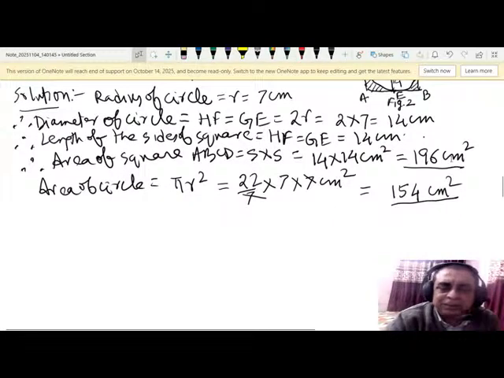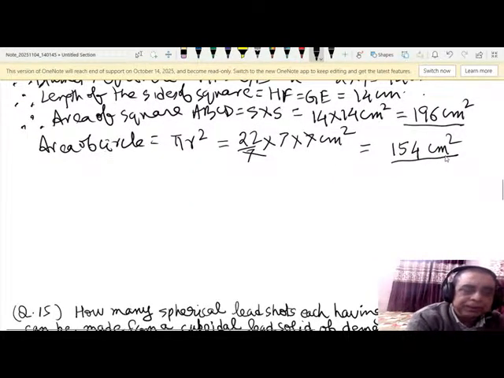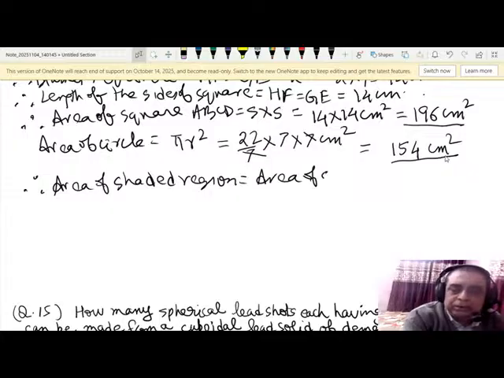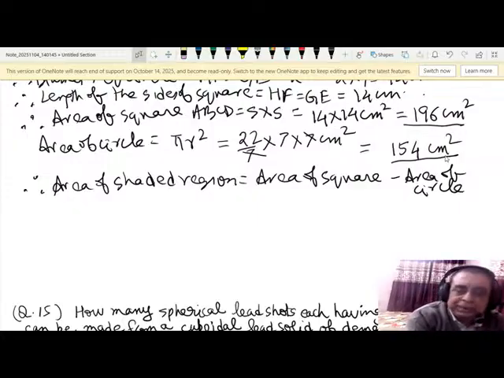So what is the area of the shaded region? Therefore, the area of the shaded region is equal to the area of the square minus the area of the circle. Now subtract here.